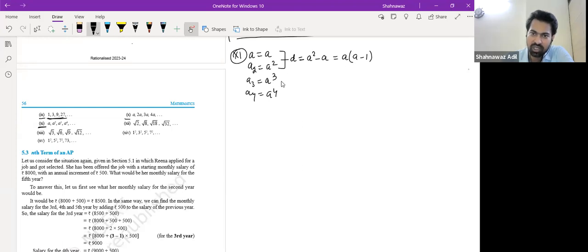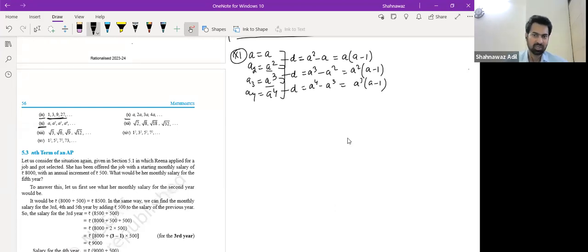And what is the common difference between these two terms, A3 and A2? A3 minus A2, right? Again, we can take A square common, and this is A minus 1. Similarly for this one, D is A4 minus A3.